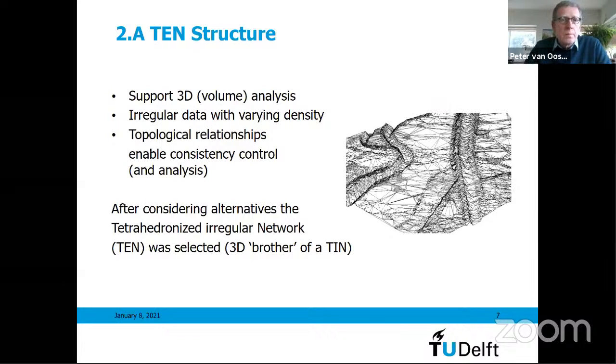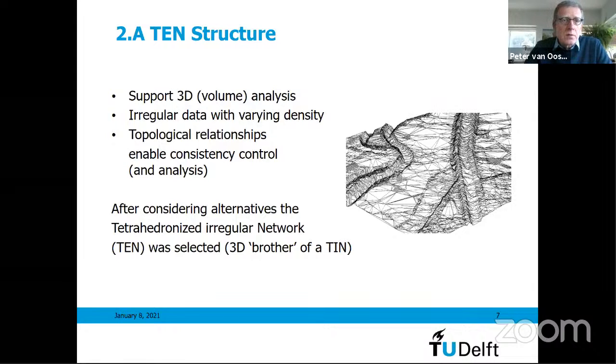The structure should be able to support varying data density. So if there are no spatial changes, then we can use bigger primitives. And it should have a topology structure because we want to do, say, flow computations or neighborhood-based analysis, and then topology is very important.